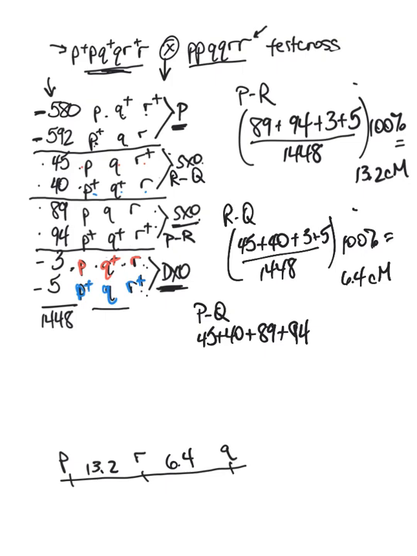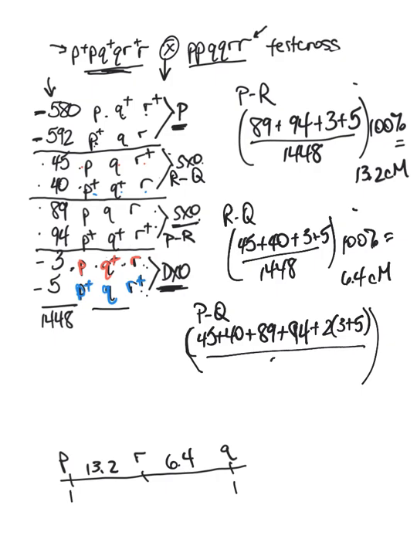Those are my four single crossover types. The double crossovers had two crossover events in this whole region, each one of them. So I'm going to multiply my 3 plus 5 double crossover events by two, adding that in twice, once for each of the crossing over events that they represent.